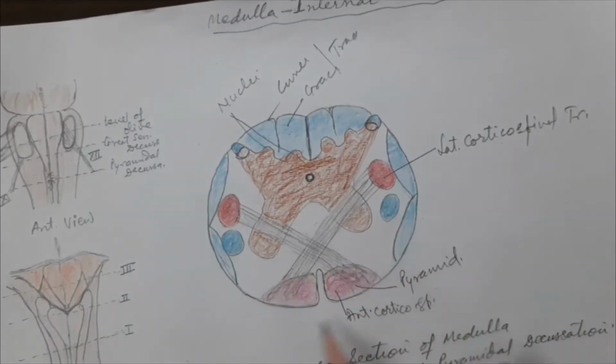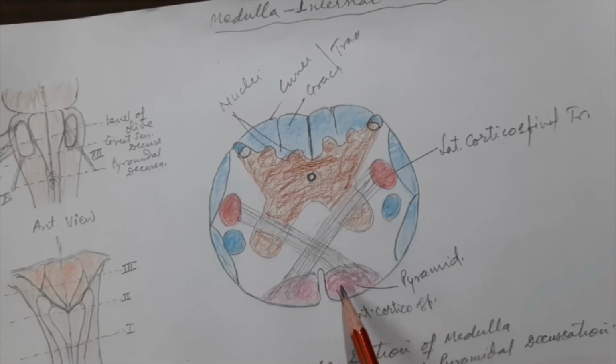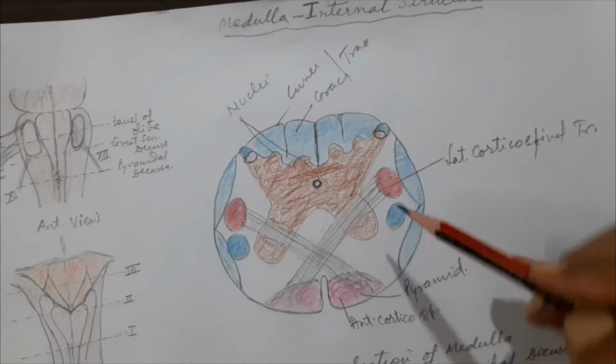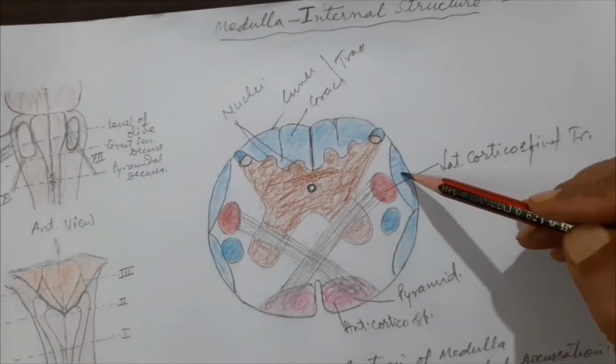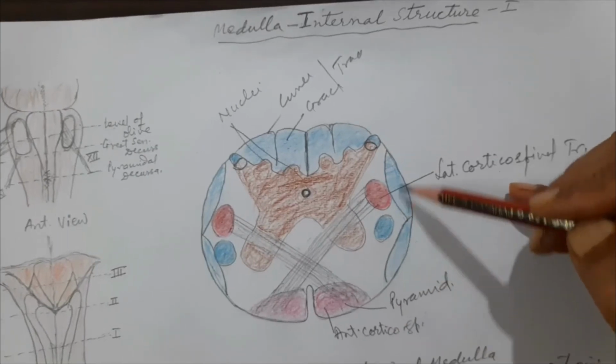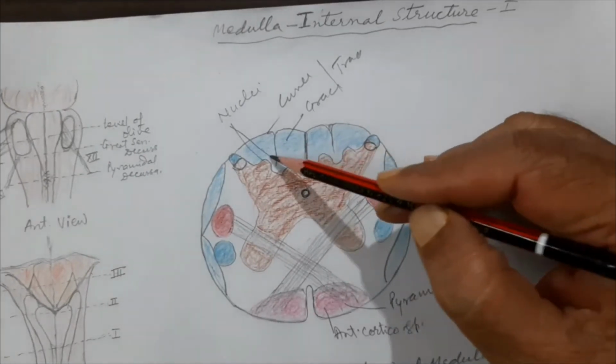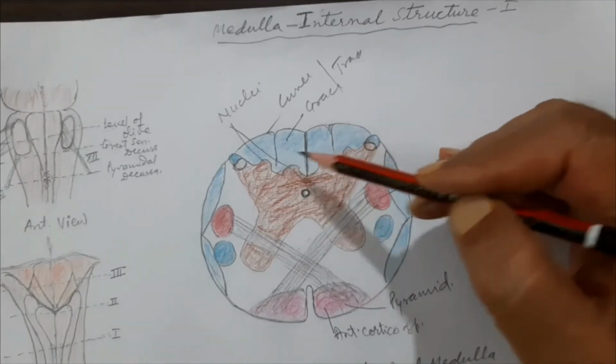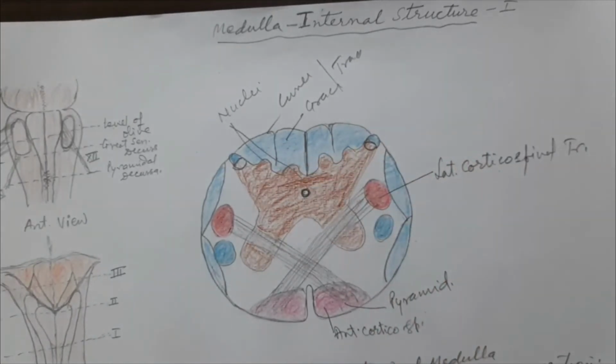Thus we have seen the fate of the pyramid fibers, the position of the anterior and posterior spinocerebellar fibers, and the gracile and cuneate fasciculus or tract.